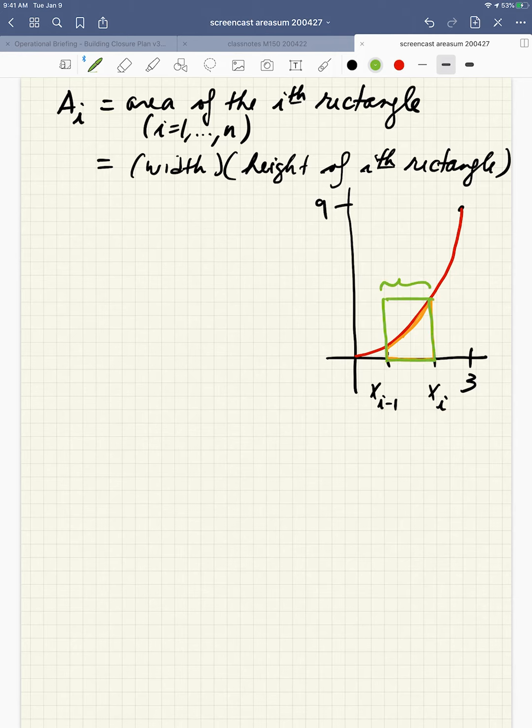Its width is going to be delta x, and its height is going to be the height of this point here on the curve, which is going to be x sub i squared, because the function is y equals x squared. So I plug in my x value here to get the point on the graph above it. The y value is x sub i squared, so that's the height, x sub i squared. Maybe I should do that in green.